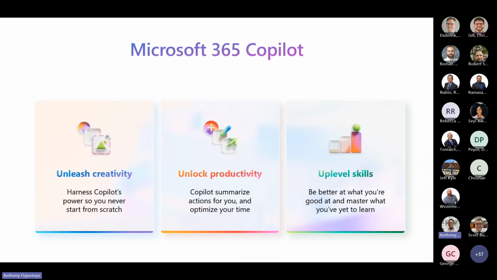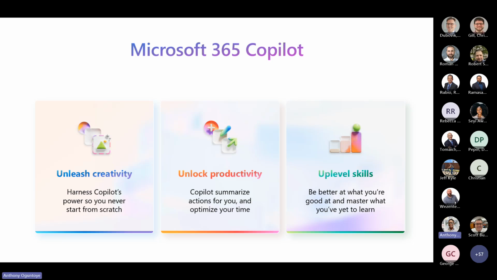And with Microsoft 365 Copilot, you unleash creativity, unlock productivity, and up-level skills. Our products here at Microsoft are so rich and powerful. Copilot will let you use the products to their fullest potential. What if the tools you have from Microsoft could learn how you work rather than the other way around?